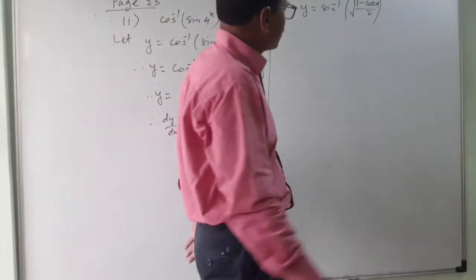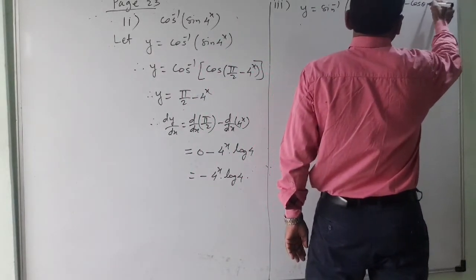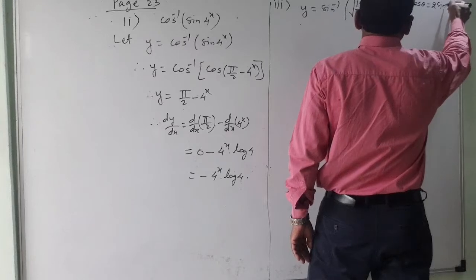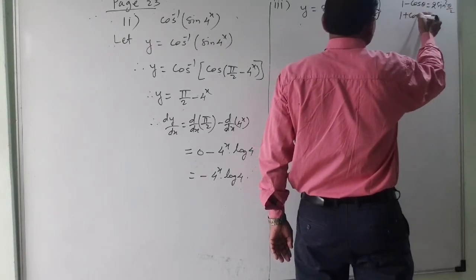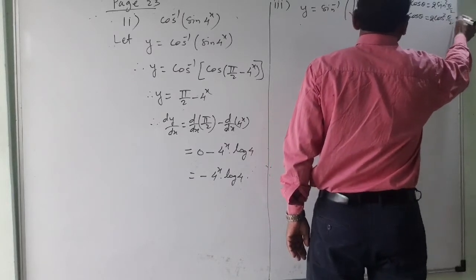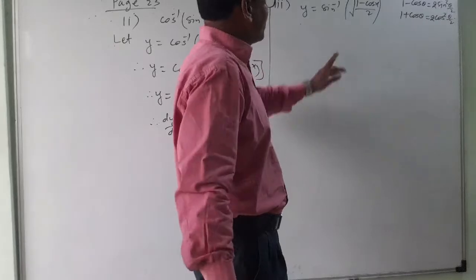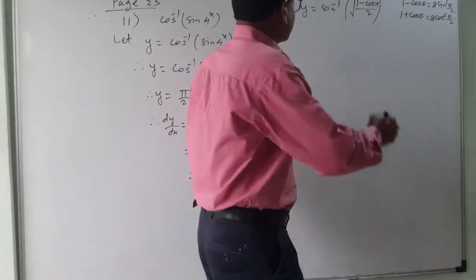How to remove the root, you know: 1 minus cos theta is equal to 2 sine square theta by 2. Immediately along with this I will give you this formula, 1 plus cos theta is 2 cos square theta by 2. Whenever 1 minus cos theta or 1 plus cos theta comes, always put this.